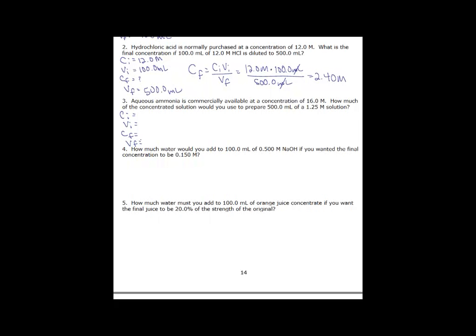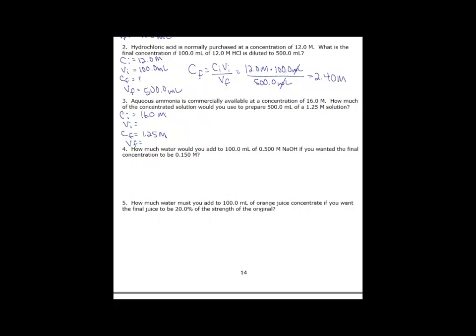Remember that the initial concentration is always going to be higher than the final concentration because we're diluting, we're adding water. It's not going to be as strong. So the two concentrations we're given in number 3 are 16 molar and 1.25 molar. So definitely 1.25 molar will be the final concentration and 16 molar will be the initial concentration.